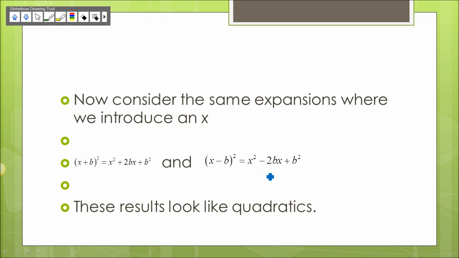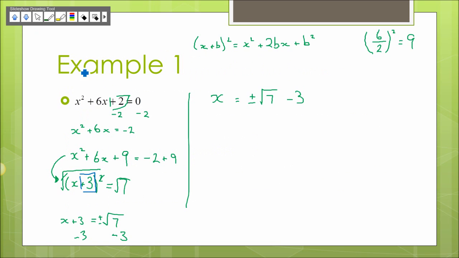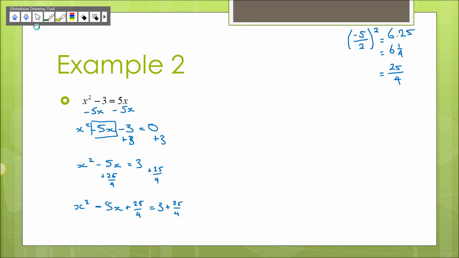A minus and a plus sign gives us this expansion over here. So that means, looking at our question, that first of all, in our equation, we've got a minus and a plus sign, which means that our expansion is going to be x minus b squared.